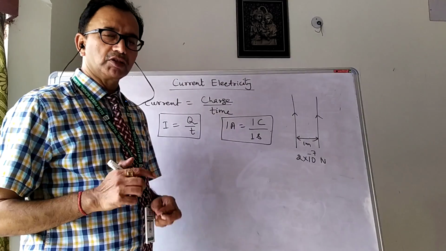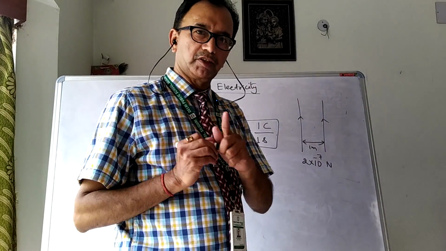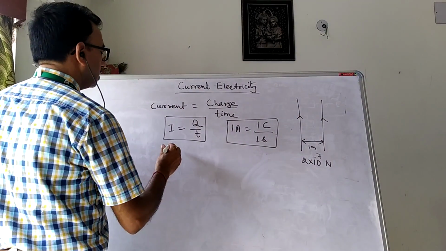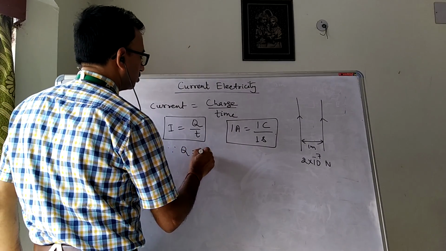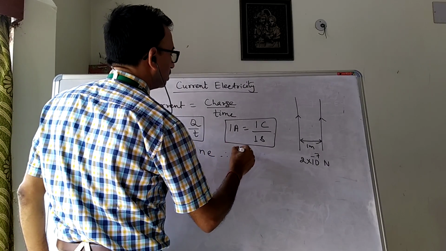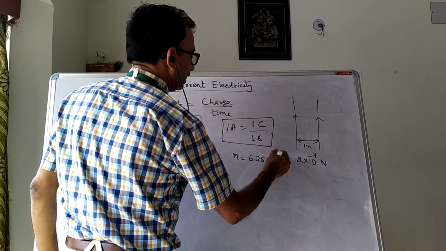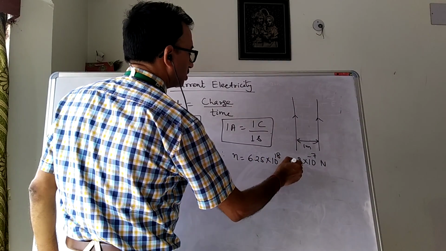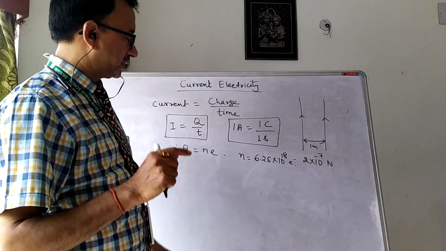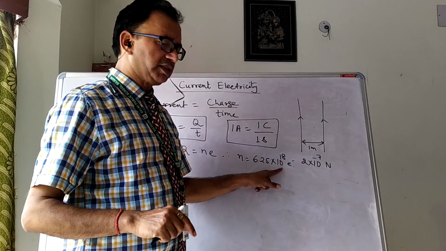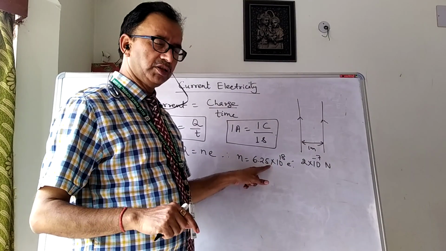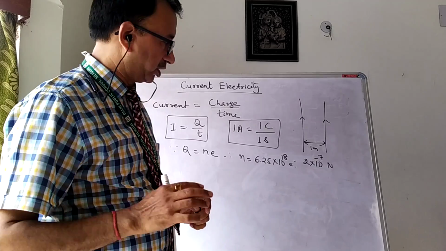Now, how many electrons will flow for 1 ampere of current in 1 second? Since Q equals Ne, N will be 6.25 into 10 to the power 18 electrons. They flow in 1 second. It's a huge number of electrons. We call it a cloud of electrons.